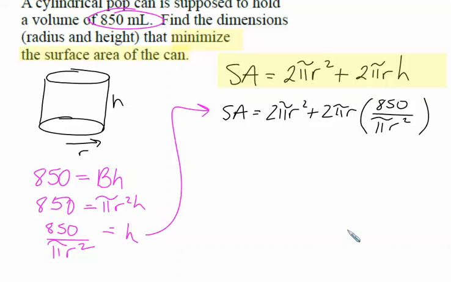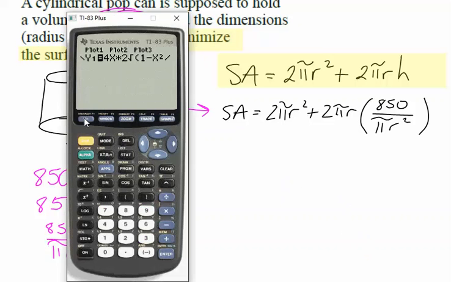We can now turn to our calculator, put that in for our equation, graph it, and hopefully identify the minimum. So we will go ahead and type it in. 2 pi times, now we have to use x instead of r, x squared, plus 2 pi times x times 850 divided by, now put parentheses around the denominator, pi x squared.